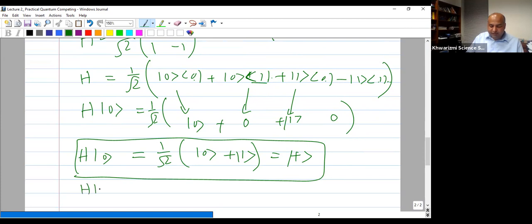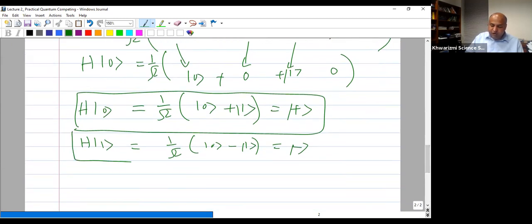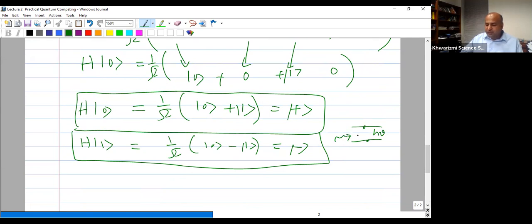And similarly, if you apply this Hadamard to state |1⟩, it goes to the minus state. And this gate is actually important for another reason also: it is very easy to implement physically. If you have a two-level system with, let's say, an energy gap h nu, and you send an optical pulse or electromagnetic wave which has a frequency nu, but only for a duration equal to half of the time period of this pulse, that pulse prepares a superposition state.